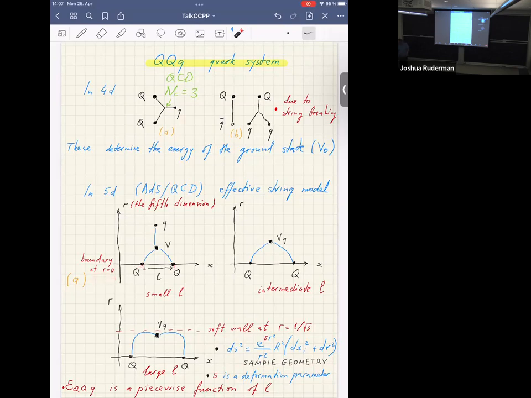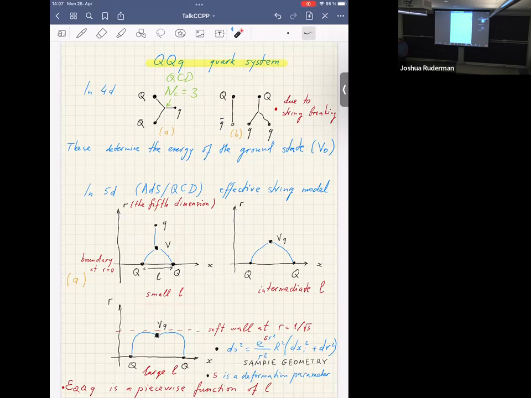Since the heavy quarks are infinitely heavy, they are at rest. But all the other objects, I mean the strings, the string junction and the light quark, will be pulled out into the interior by the gravitational force. So the configuration becomes like that. And the point is that it's valid only for small separation between quarks.